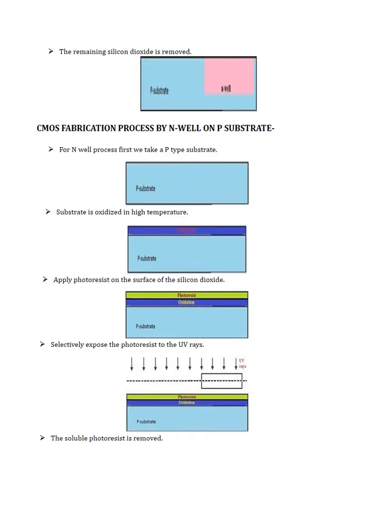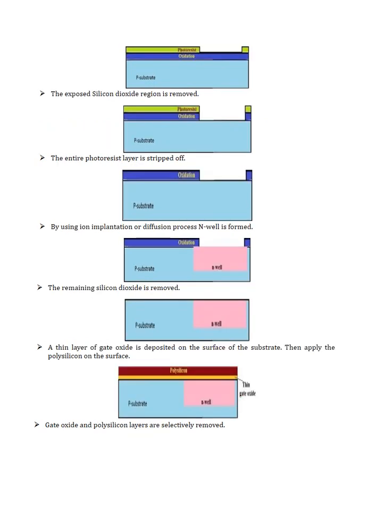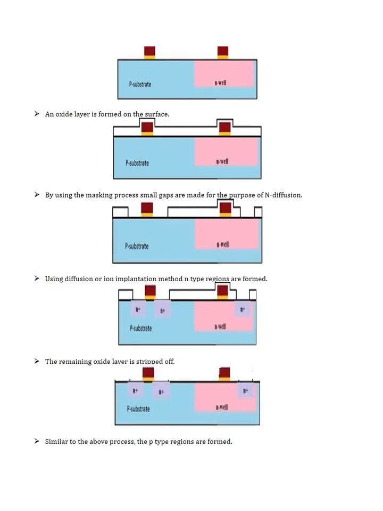Further, we can have a P-well in an N-type substrate. So these are the steps. After the N-well, a thin gate oxide is grown. After that, a polysilicon layer is deposited. Then it is patterned, and only the region where the gate is required, we will keep the polysilicon.